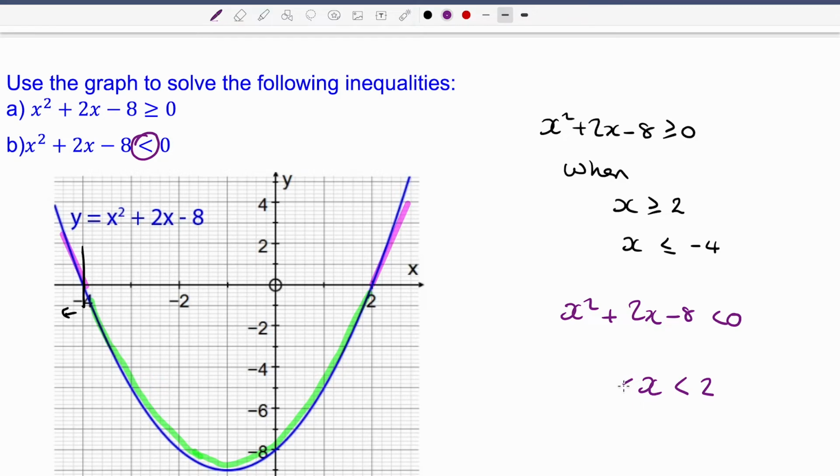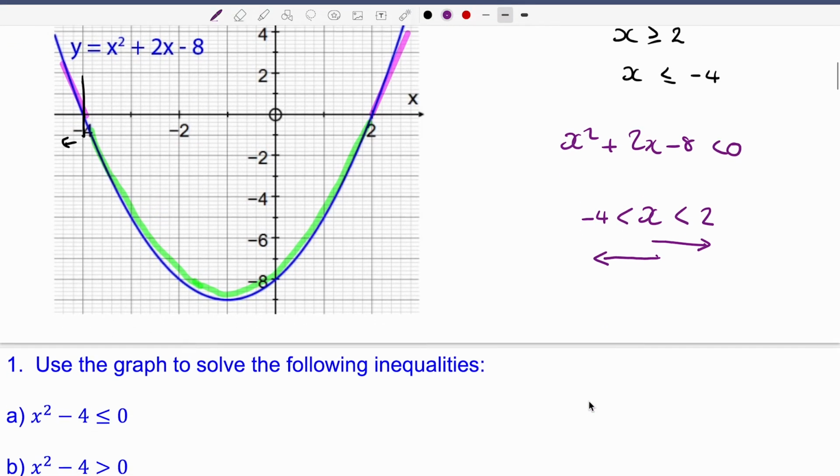And when x is greater than -4. Now this can be quite tricky because we have to read it in two directions. The first direction is x is less than 2, so we read it from left to right. The other part of the statement we read from right to left, okay? x is greater than -4. Okay, we'll try one more question and then you can do some.